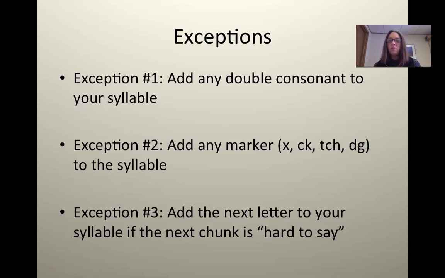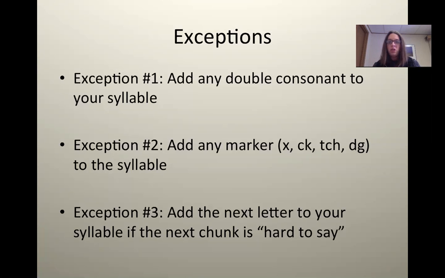Another exception would be specific markers, or sometimes we call them digraphs, where they're 2 letters, but they make one sound, or they make a diphthong sound where you do want to put them together. So for example, CK, when you see those 2 letters together, they make the K sound. So you are going to want to keep those letters together and not separate them. So you're going to have to adjust and maybe move a letter over or 2.